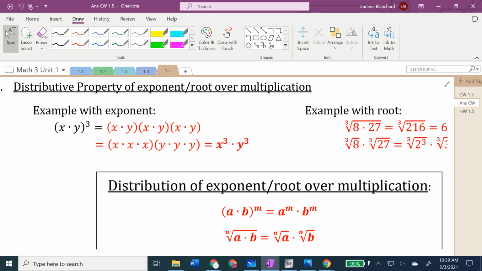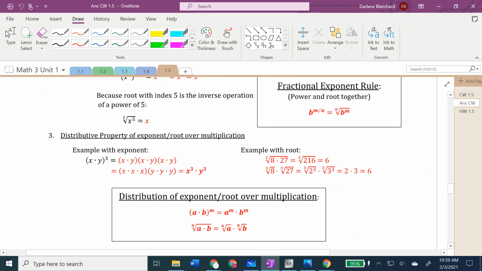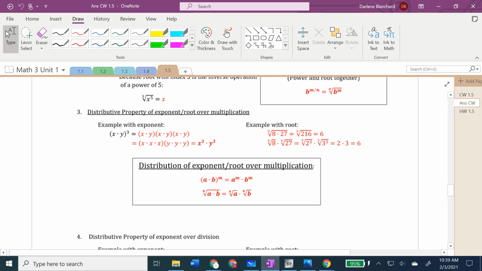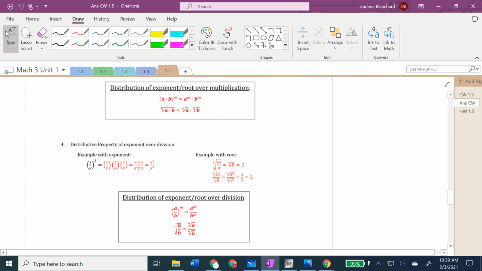Then the rule continues to work in all of these 4 situations. I showed you this one.